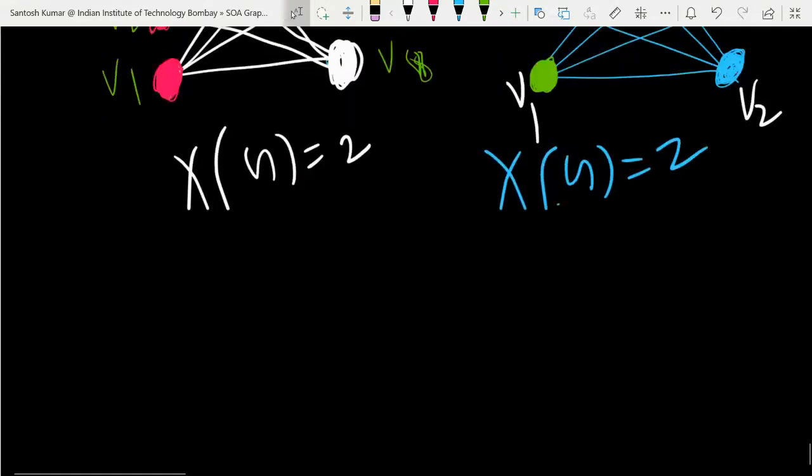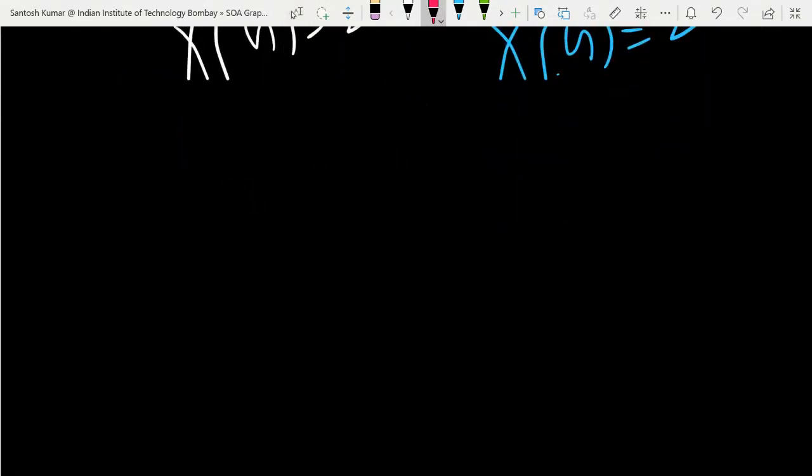Okay, tell me the chromatic number you know. Now, do you know this symbol delta of G? What is the meaning of delta G?